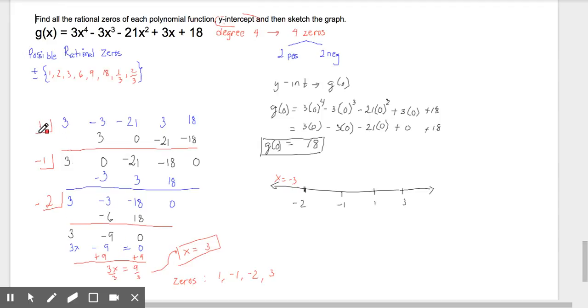So remember, g of 1 gives us a 0. G of negative 1 will give us a 0. Okay, so what is g of negative 3? So let's find here g of negative 3. G of negative 3 is, again, 3, negative 3, negative 21, 3, and 18.